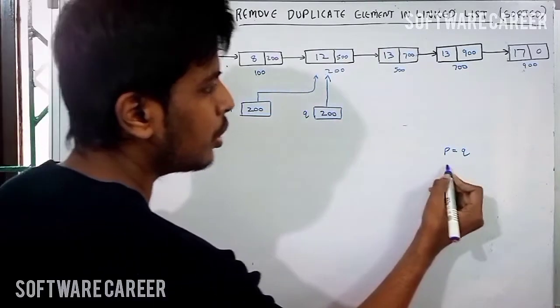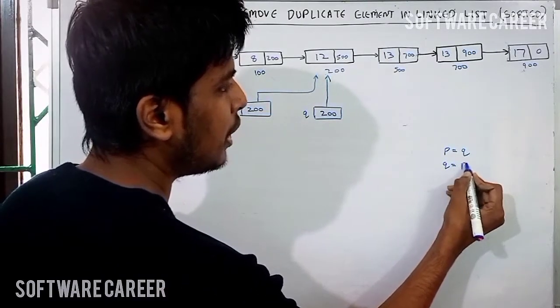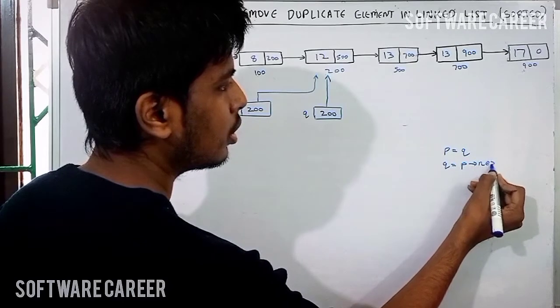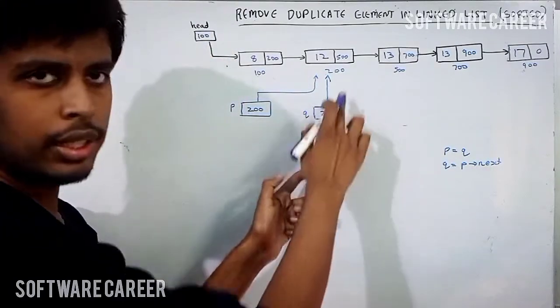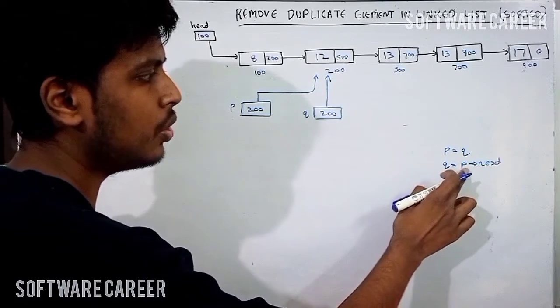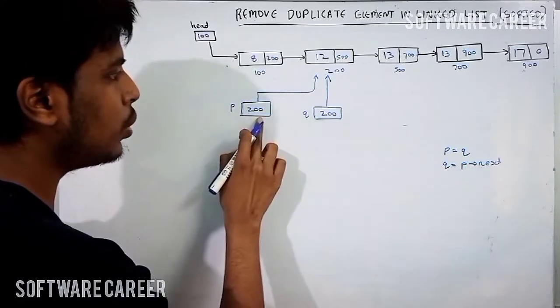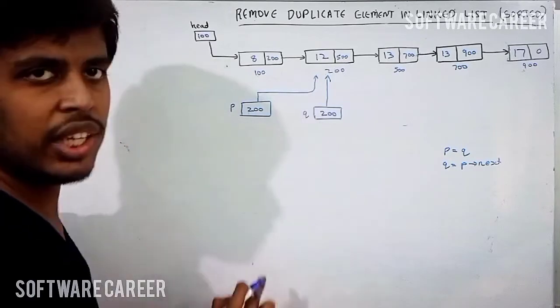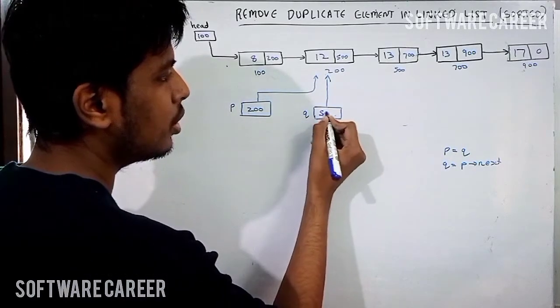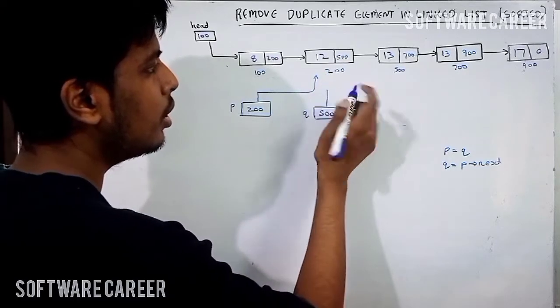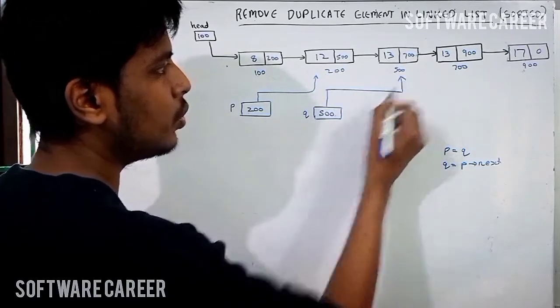You should write Q equals to P next. Now see, Q is pointing at 200. Now you should change this 200 to P next. P is 200. 200's next is 500. So I am changing it to 500. If you change it to 500, this pointer points towards the third node.